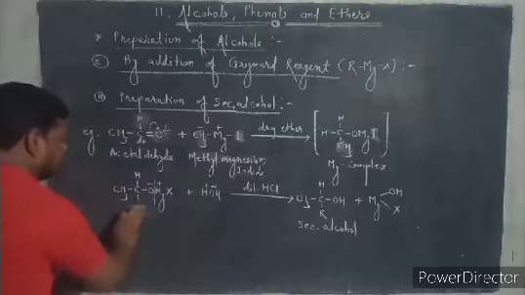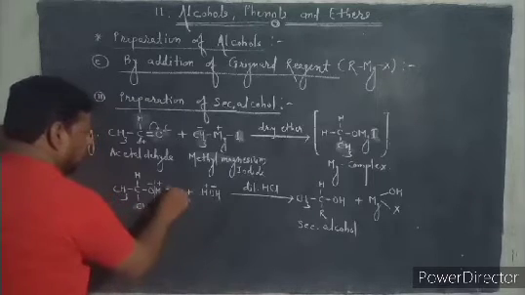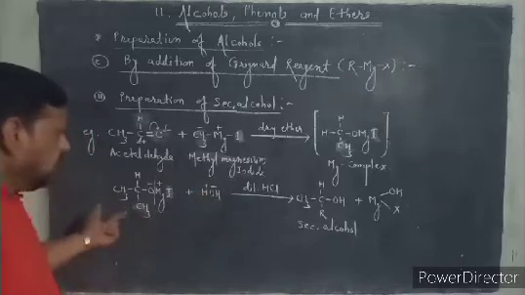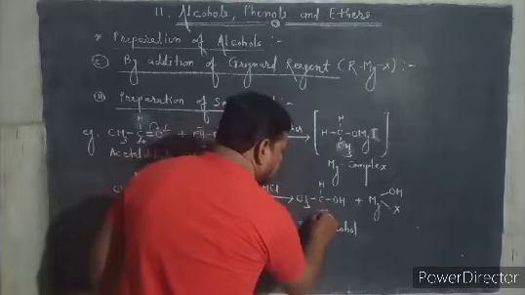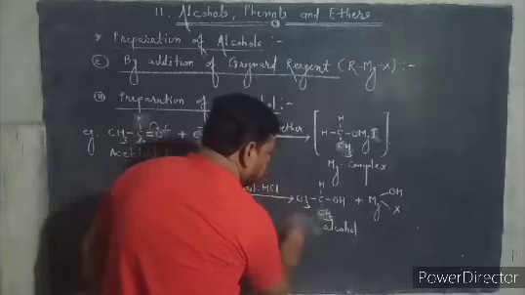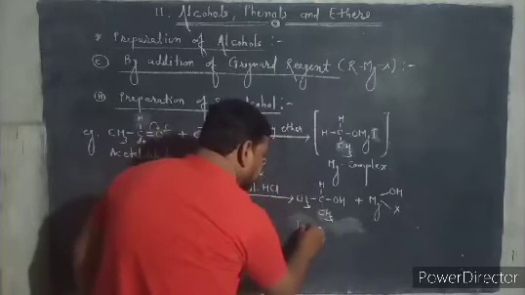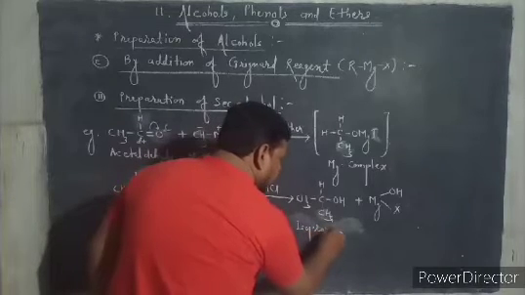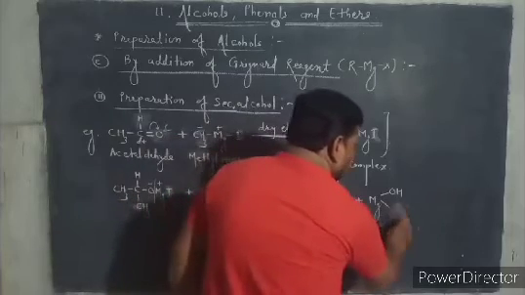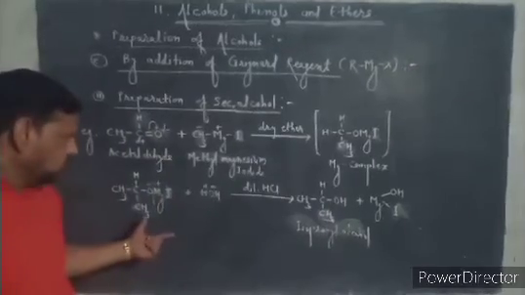Then this magnesium complex is hydrolyzed by dilute HCl and it gives secondary alcohol. It is called isopropyl alcohol. Isopropyl alcohol and MgOHI, that is the side product or byproduct. Okay.